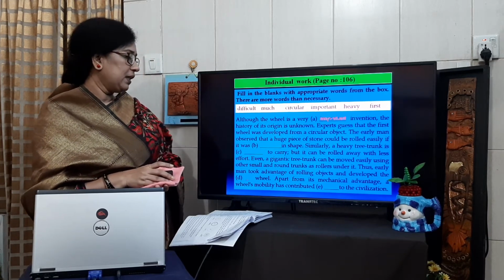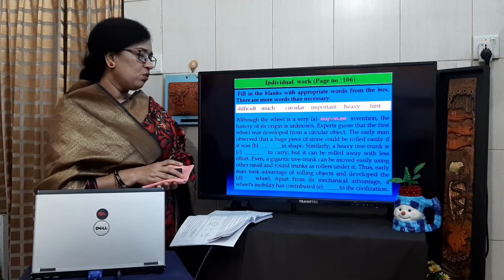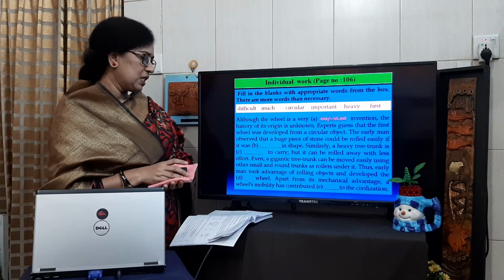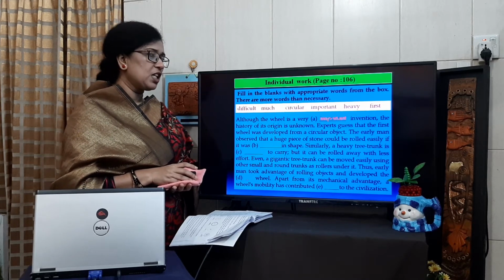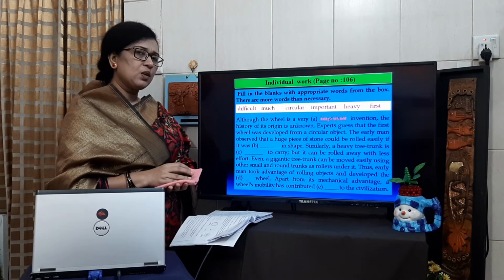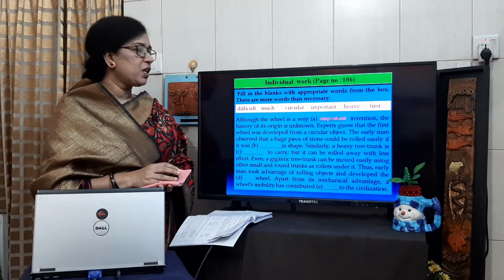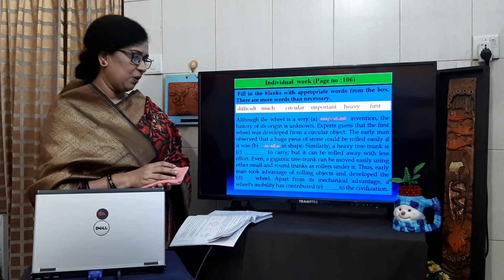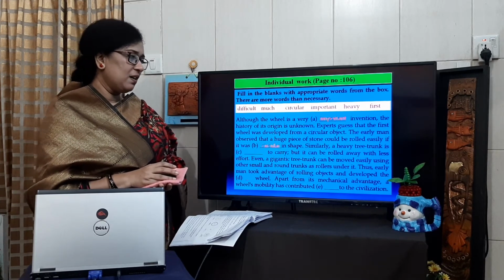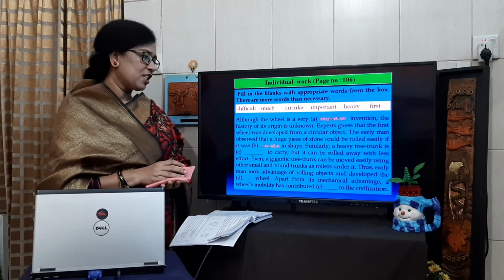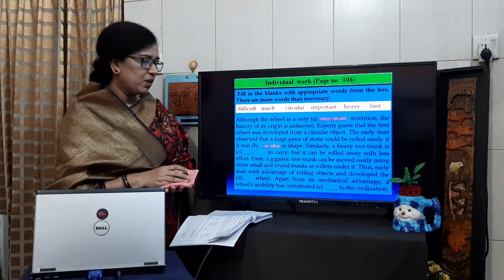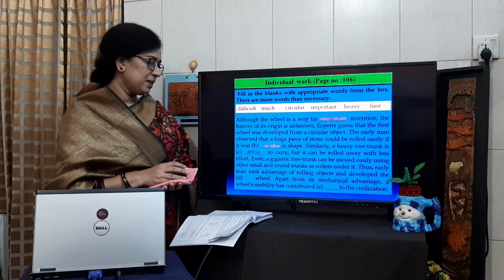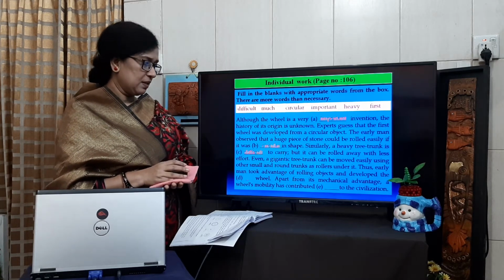The early man observed that a huge piece of stone could be rolled easily if it was dash in shape. Which word is appropriate for this gap? Circular shape. Thank you. Similarly, a heavy tree trunk is C dash to carry, but it can be rolled away with less effort. And the correct answer, difficult.